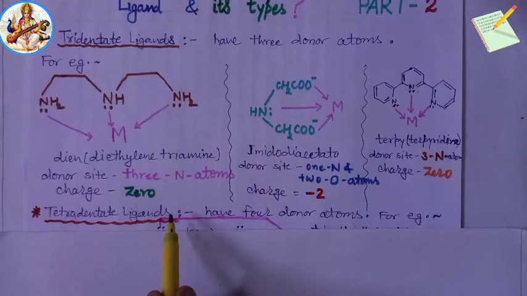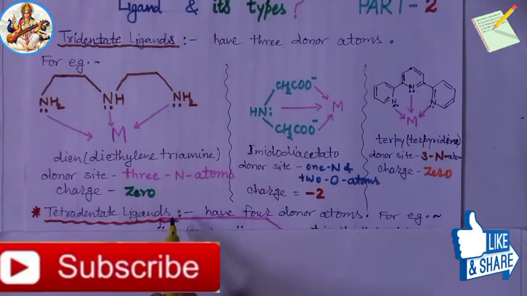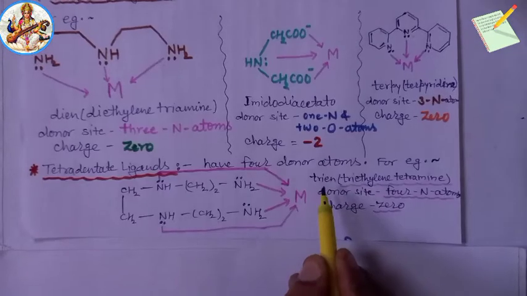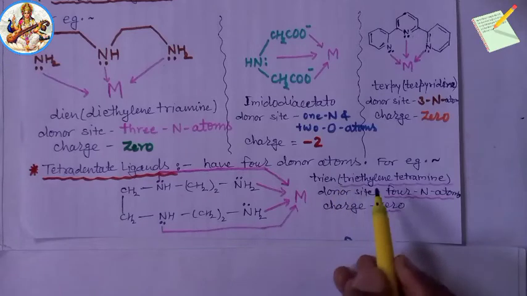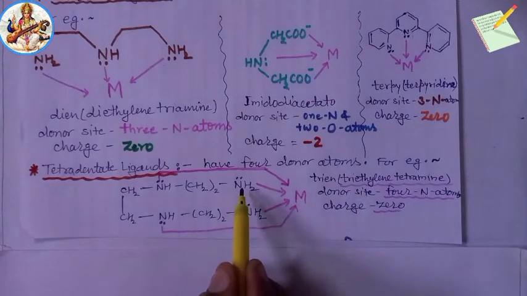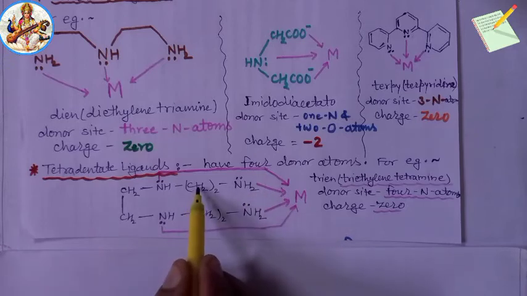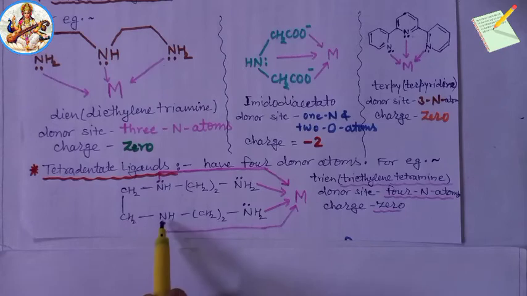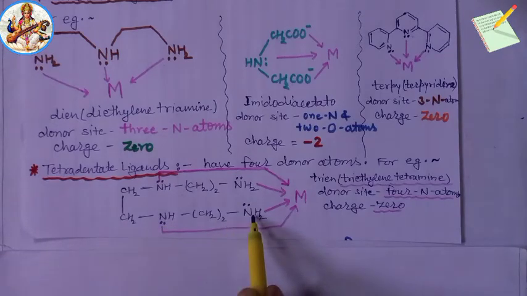Now the next type, tetradentate ligands. Ligands which have 4 donor atoms are called tetradentate ligands. For example, trien, triethylene tetramine. Molecular formula is NH2 CH2 CH2 NH CH2 CH2 NH CH2 CH2 NH2.